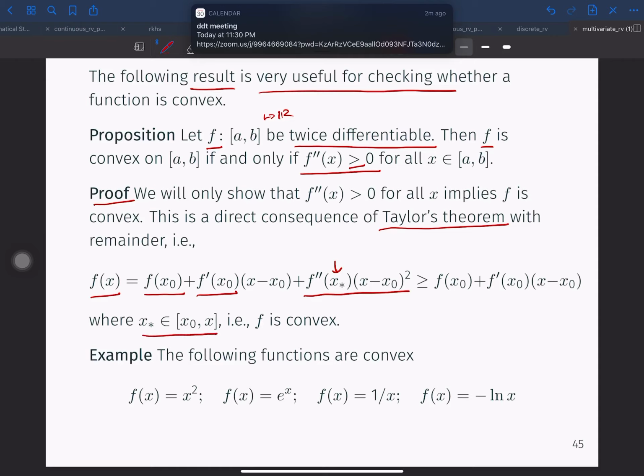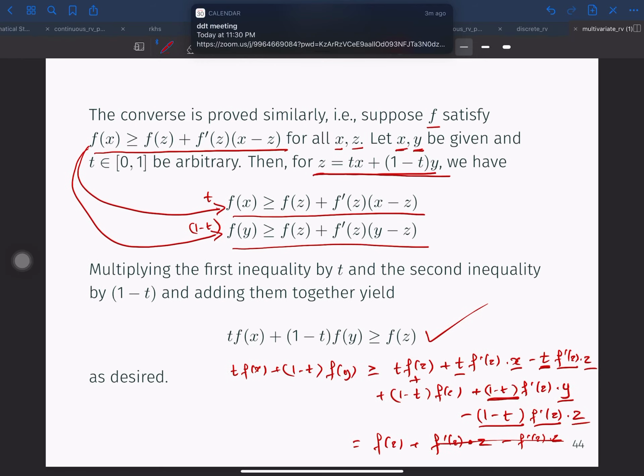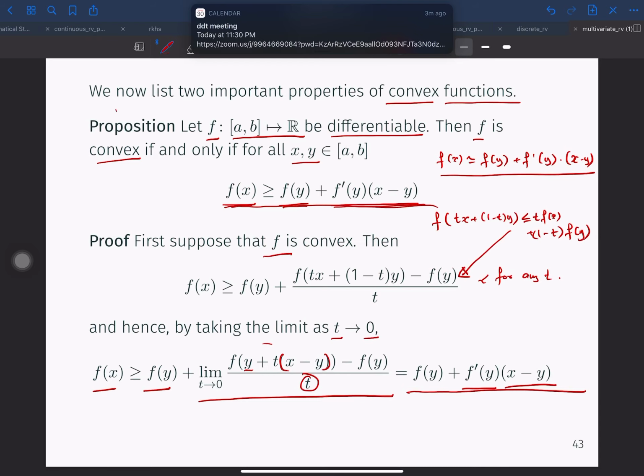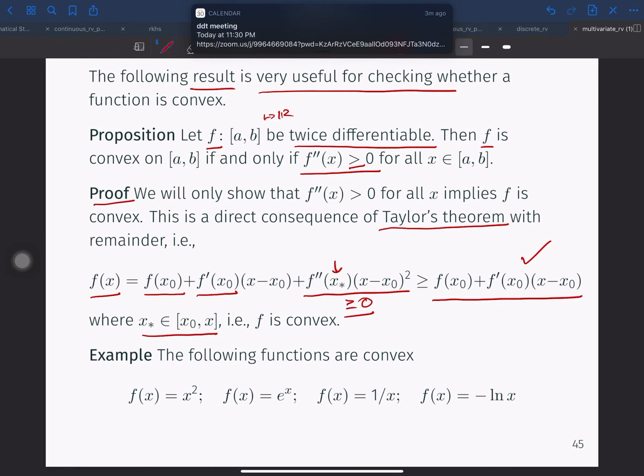Because f''(x star) is always non-negative, this term is always bigger than or equal to 0. So this condition is true, and this condition, as we saw earlier, is this proposition here. Like I said, this is a very useful condition for checking convexity.